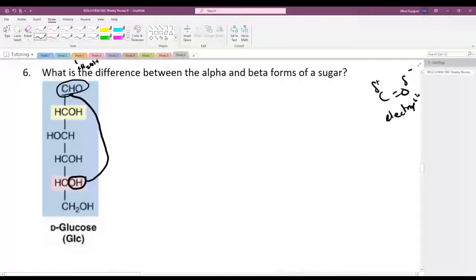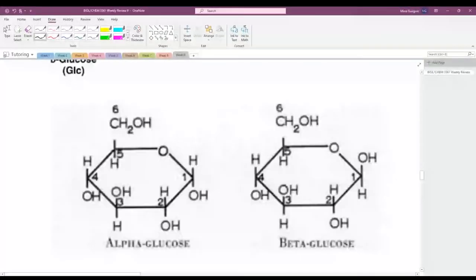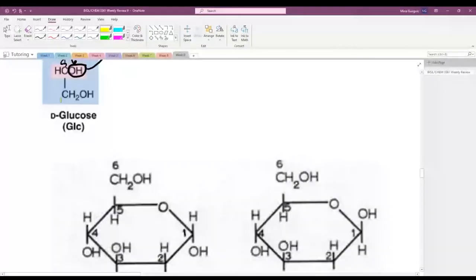And so what you're going to get is a 6-membered ring of 1, 2, 3, 4, 5 carbons and an oxygen. Your oxygen is the 6th member of the ring. So when we scroll down to here, we see 1, 2, 3, 4, 5 carbons and an oxygen. And then the 6th carbon is kind of hanging right up here. I should highlight them. The 6th carbon is this, and it's this.